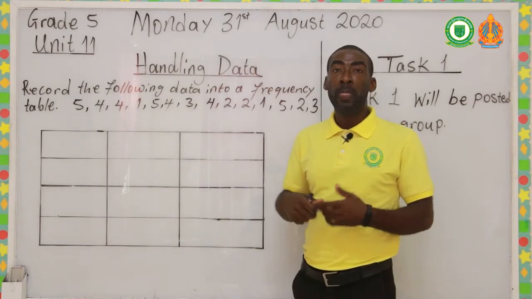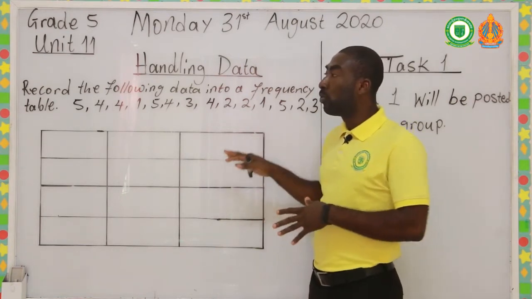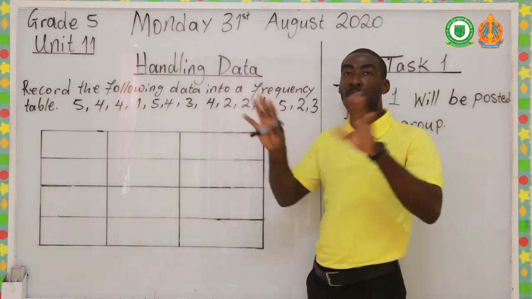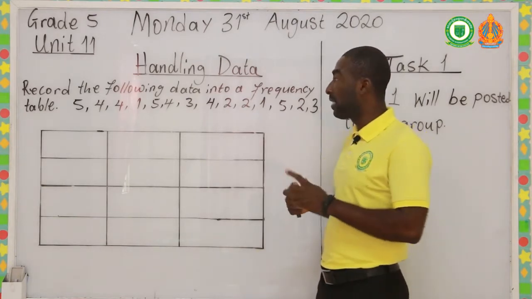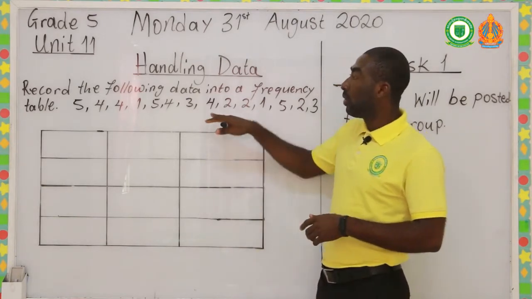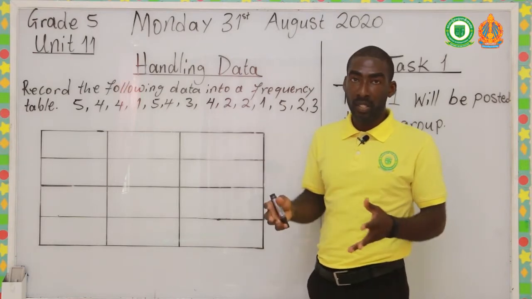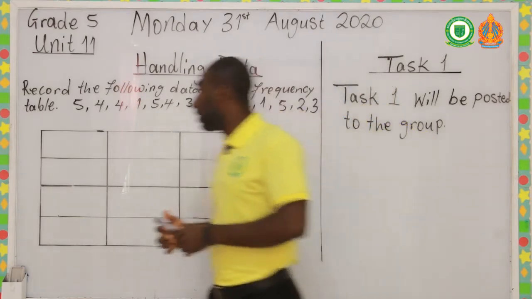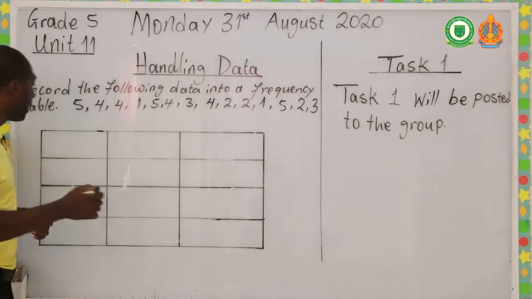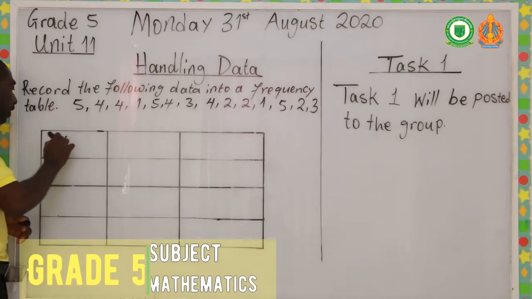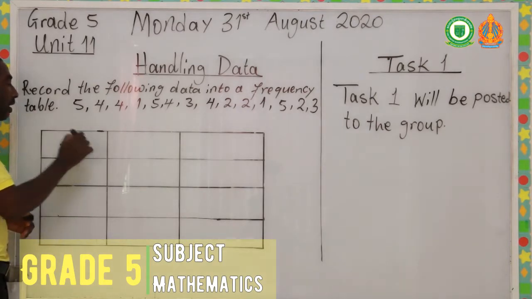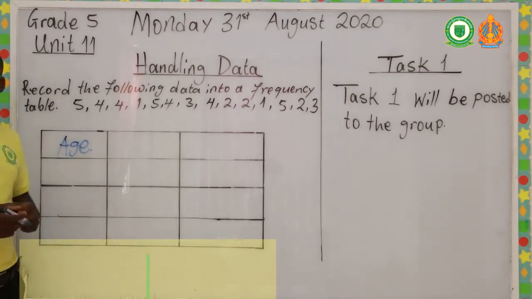So we're going to do our frequency table to know how the whole picture will show about the ages of these kids. The first thing you have to know is that your data is about age. So if your data is about age, then the item that you are dealing with becomes age. So you have to put age here. Age becomes your first item.